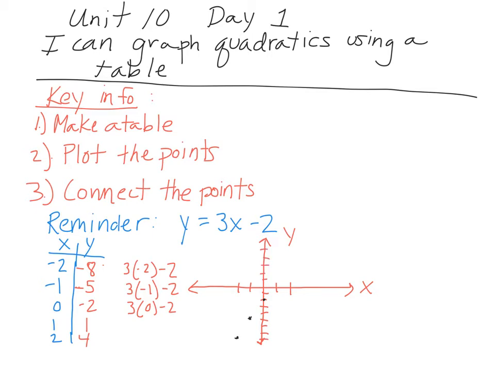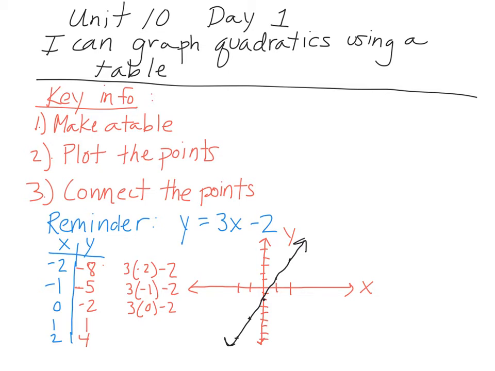So 1, 1 would be right there, and 2, 4: 1, 2, 3, 4. As best you can, make a line through there. That was linear. This is still under key information. That's a linear graph, just a reminder of stuff that we've done.